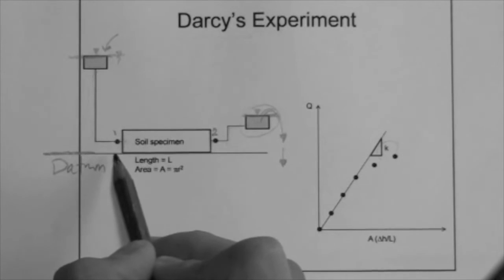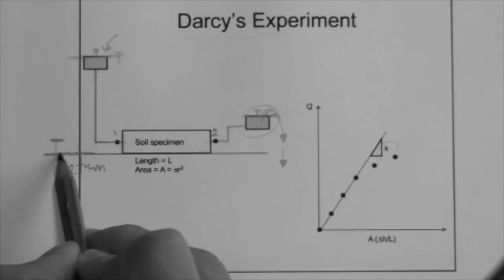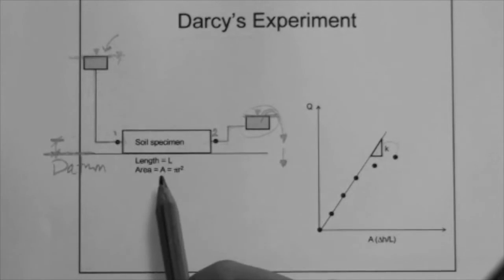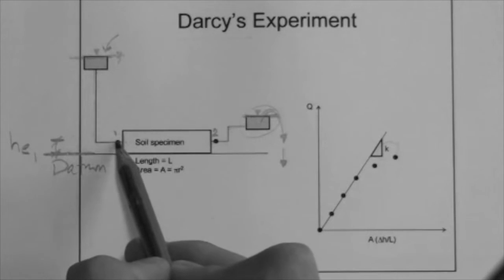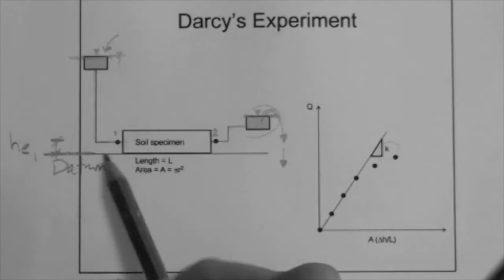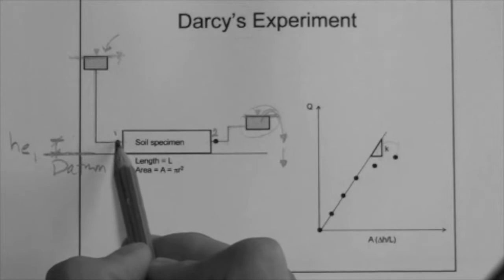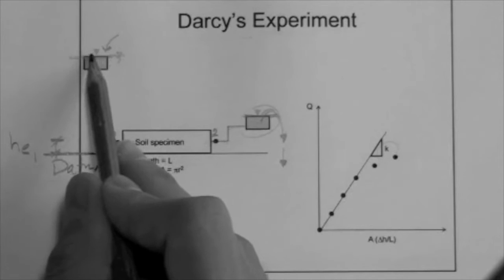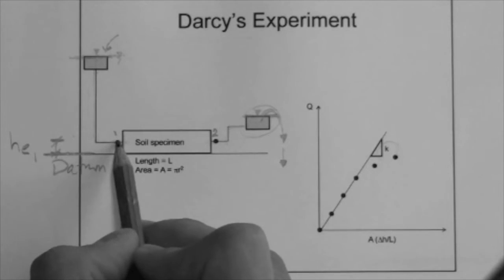So, what is the elevation head at point 1? The elevation head at point 1 is that distance from the datum to the point. What is the pressure head at this point? Well, if you were actually scuba diving inside this tube, what is the pressure that you would feel? Well, that pressure would be associated to that distance, the distance from that water table all the way to where you are inside the tube scuba diving.